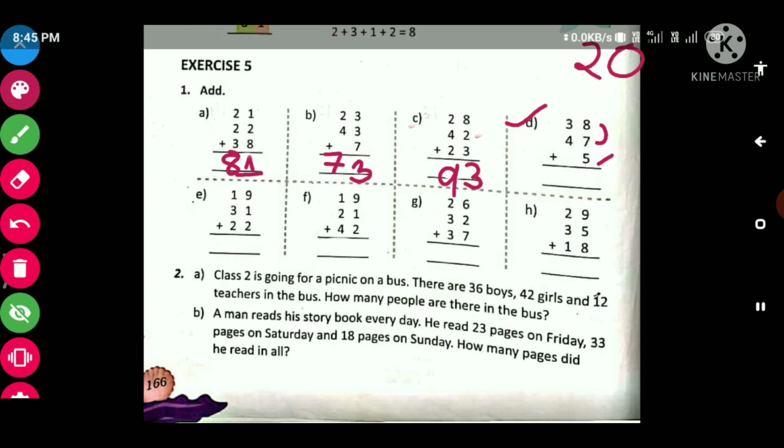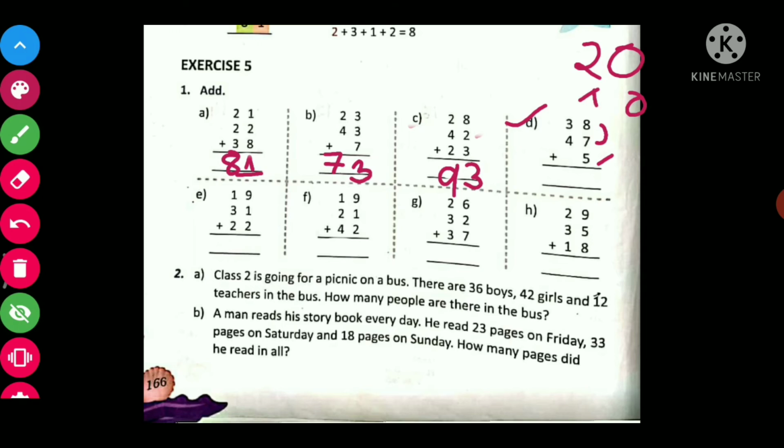Now this is ones and this one is tens. Now we'll put the value of ones in ones place and we'll send the value of tens in tens place. Okay, so we'll send 2 here. Now 2 plus 3, it will be how much? 5. 5 plus 4, 9, right?